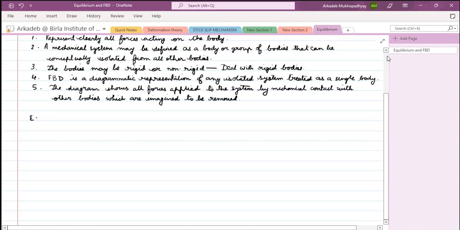First example. Say you have a string like this.